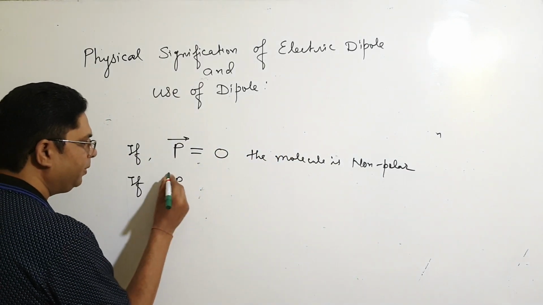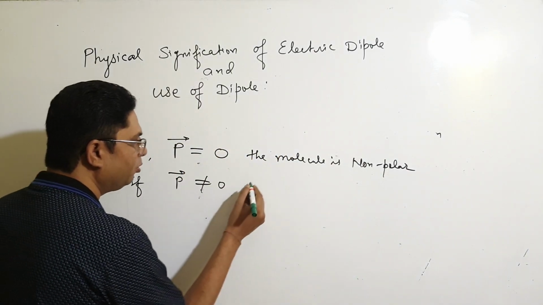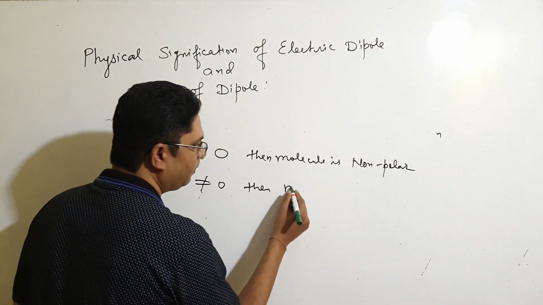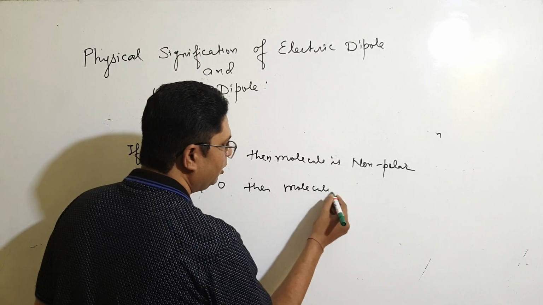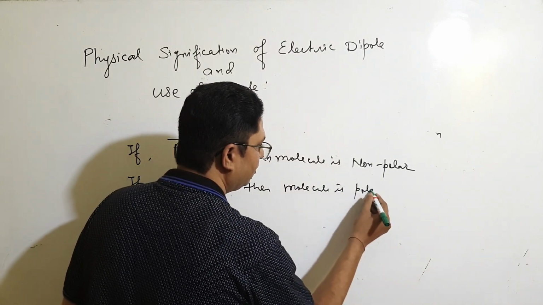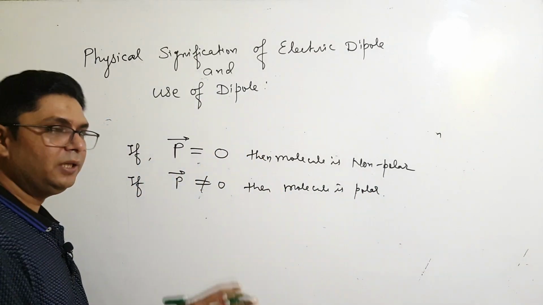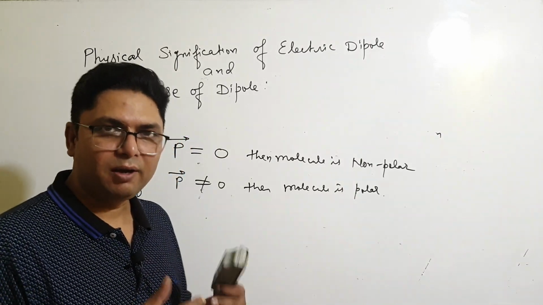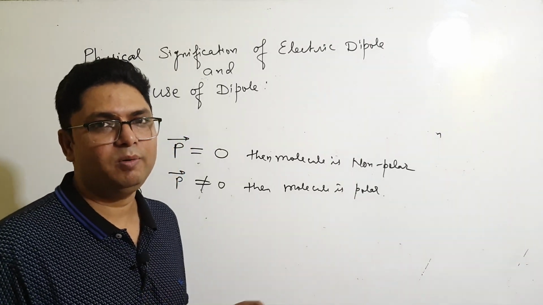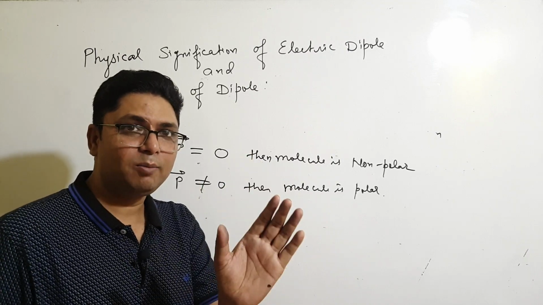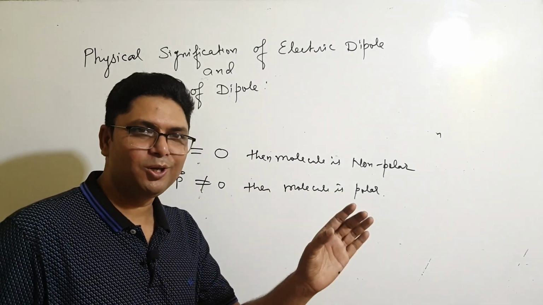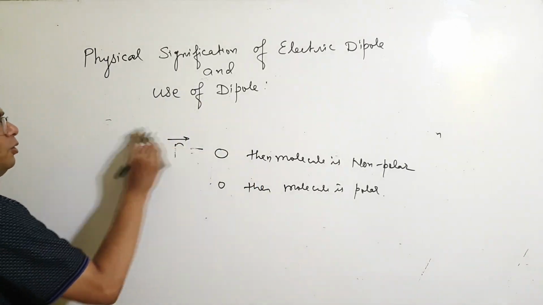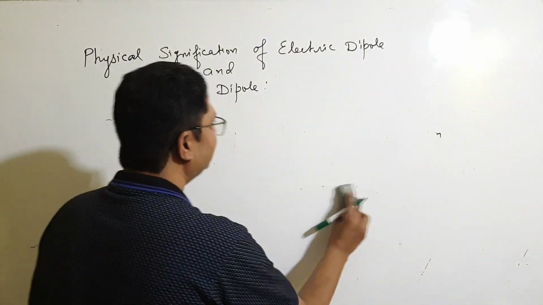If P is not equal to 0, then the molecule is polar. Thus, by determining the dipole moment of a molecule, we can categorize the molecule into two forms: one is polar molecule, one is non-polar molecule. Thus, you have learned about the physical significance.